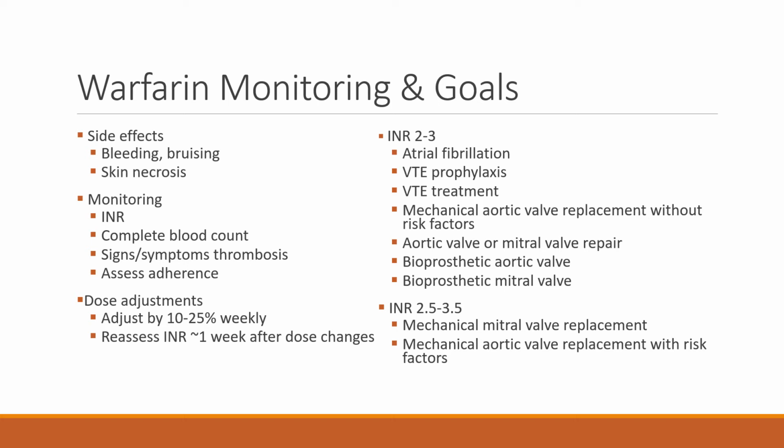So that would be something that we want to consider for that. However, if the patient only has a valve repair, then that would still fall them into the INR 2 to 3 category. If the patient has a mechanical valve replacement, however, this would bump their INR goal up to 2.5 to 3.5 initially. And then typically with all bioprosthetic valves, the INR goal is 2 to 3.